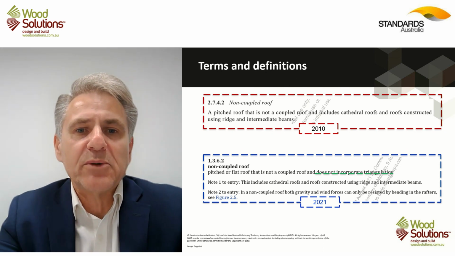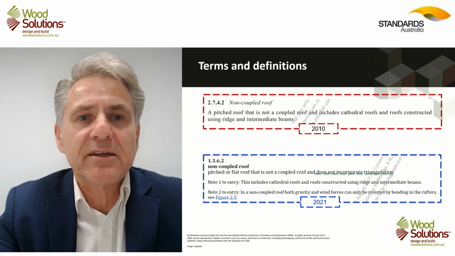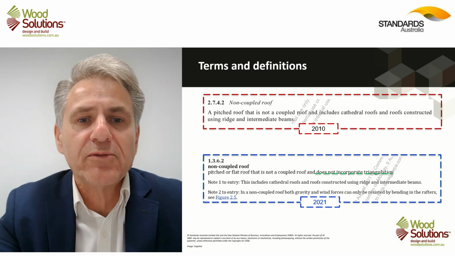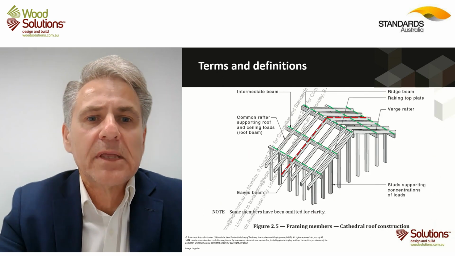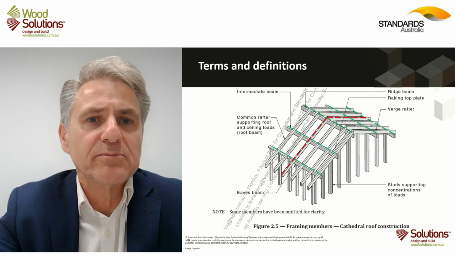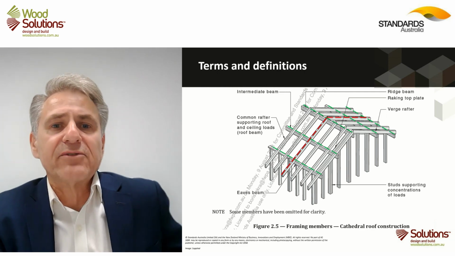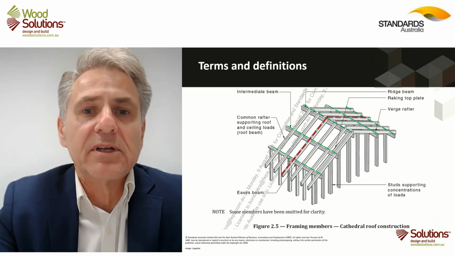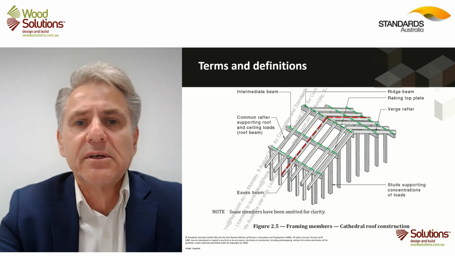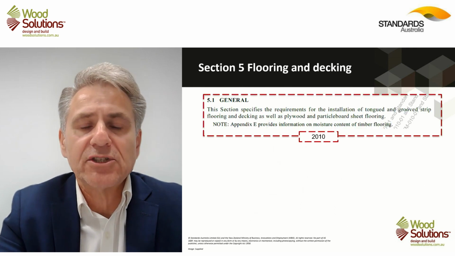In the 2021, basically same intent, but just making it clear that there is no triangulation in a non-coupled roof. So the example out of 1684, again, I'm just highlighting with the dashed lines. So our rafter is being supported by ridge beams and intermediate beams within that diagram. So again, just more of a clarification.